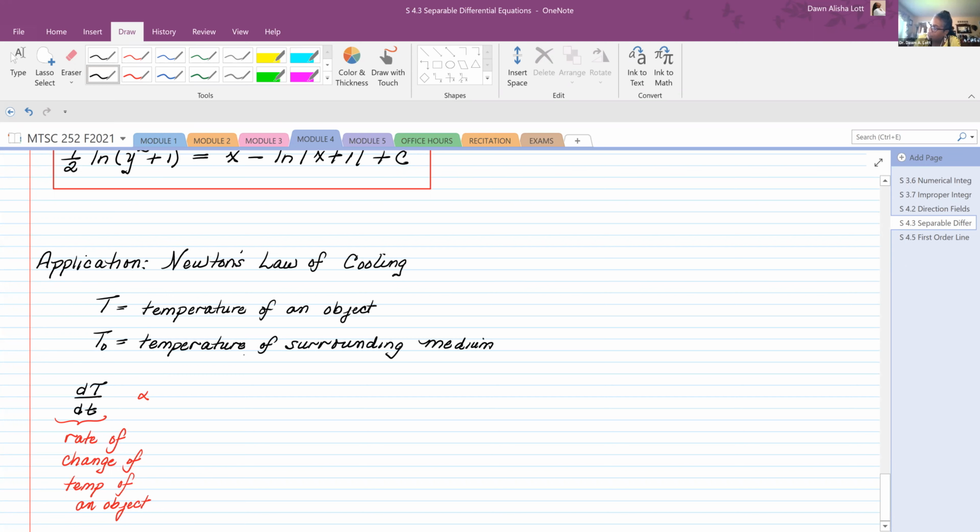So this is proportional to the difference in temperature of the object and its surrounding medium.